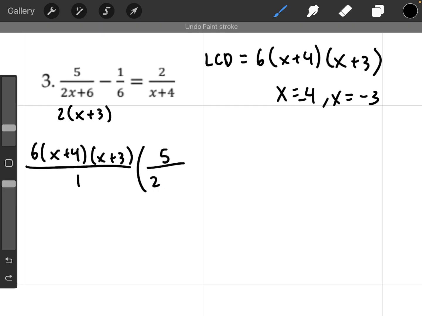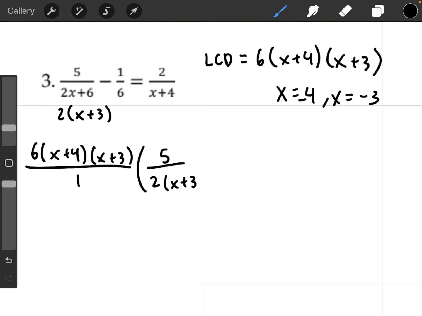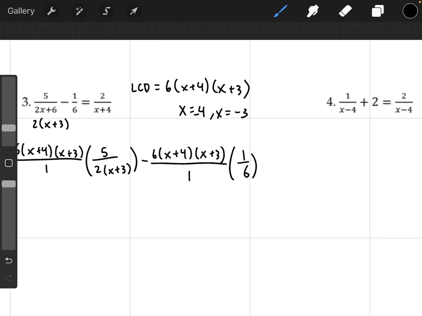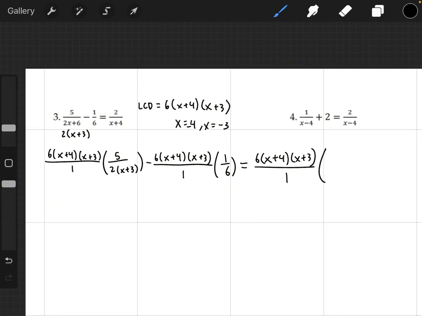Actually, let's write this as 2 over x plus 3 minus 6 times x plus 4 times x plus 3 over 1 multiplied by 1 over 6. And that's going to be equal to 6 times x plus 4 times x plus 3 multiplied by 2 over x plus 4.